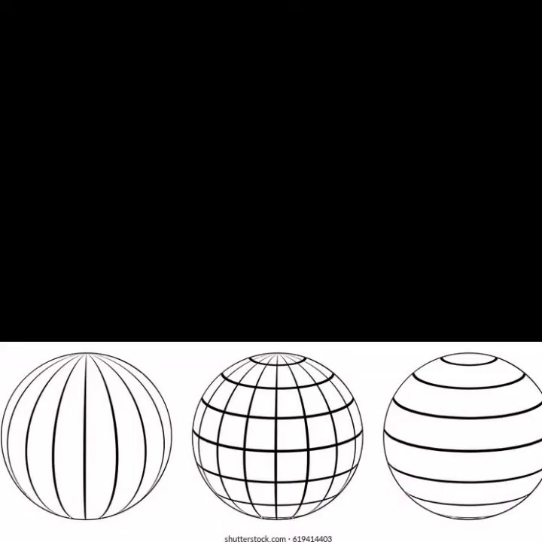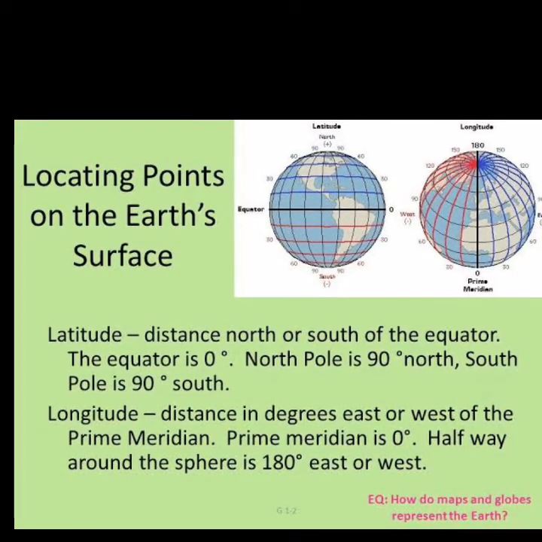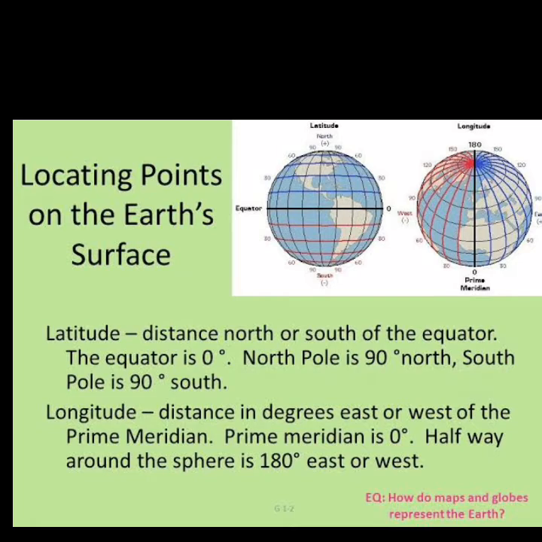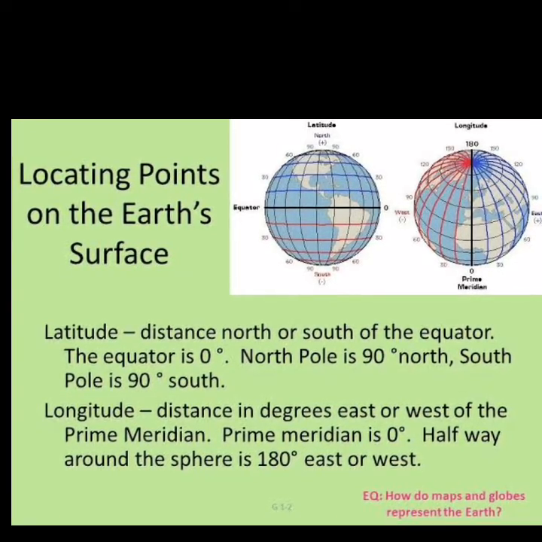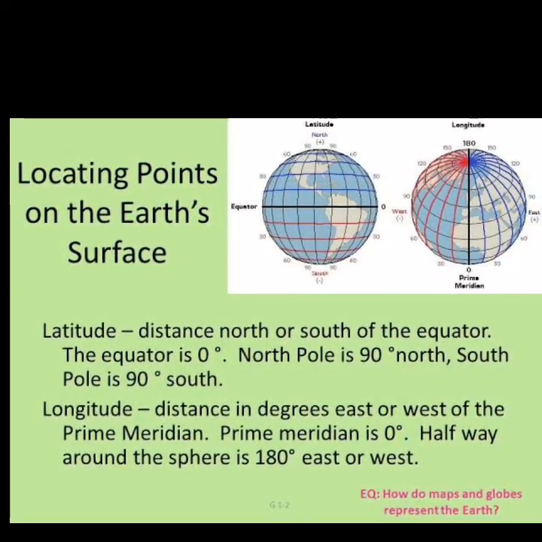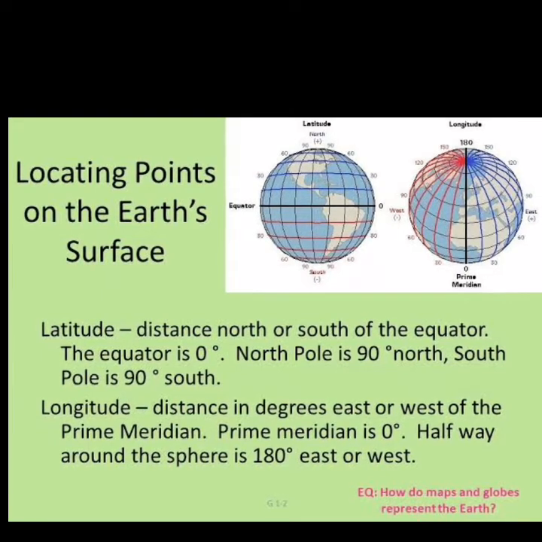Geographers have made locating a place on Earth's surface easier by drawing imaginary lines on the globe. These lines are horizontal and vertical, which cut each other at right angles.